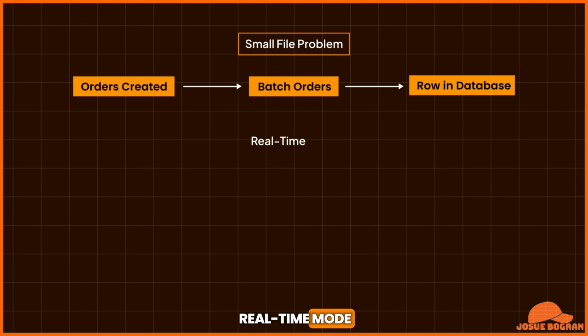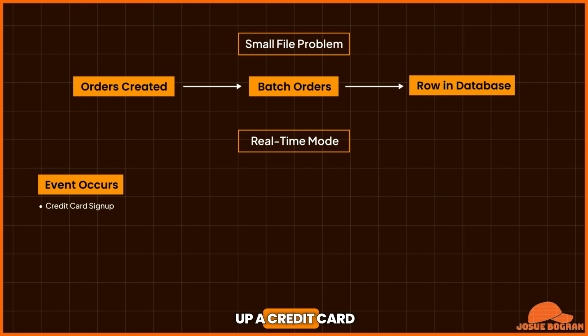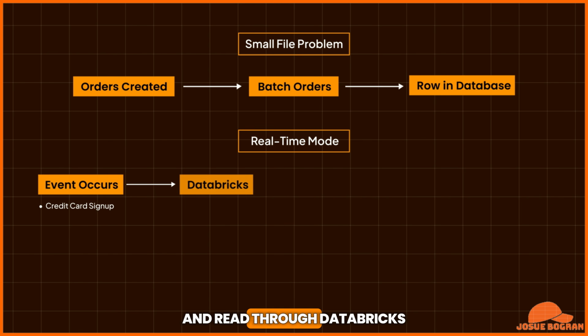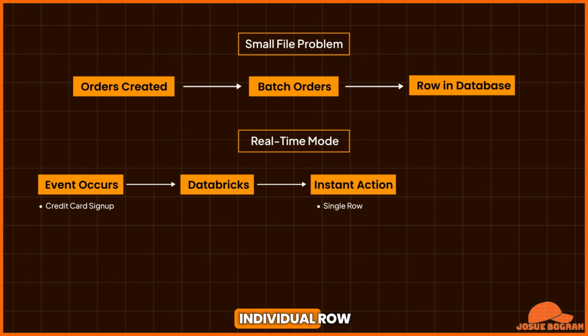If I think about real time mode, it's more of a fraud detection type thing, where I, as Scott, am attempting to open up a credit card. And as that event is emitted and read through Databricks, I want to take action on exactly that one individual row. I don't care about any of the other rows.